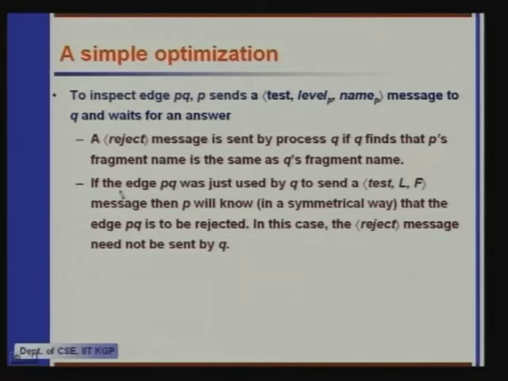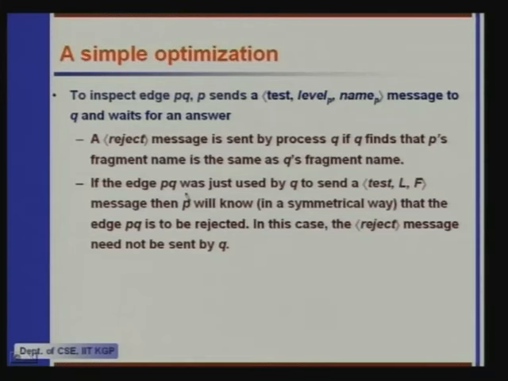Now, consider the case that if at that point of time Q had also sent a test message to P, both had sent tests to each other. Now, both know that it will be rejected. So, if you send a test message already, then you do not need to send a reject message again.